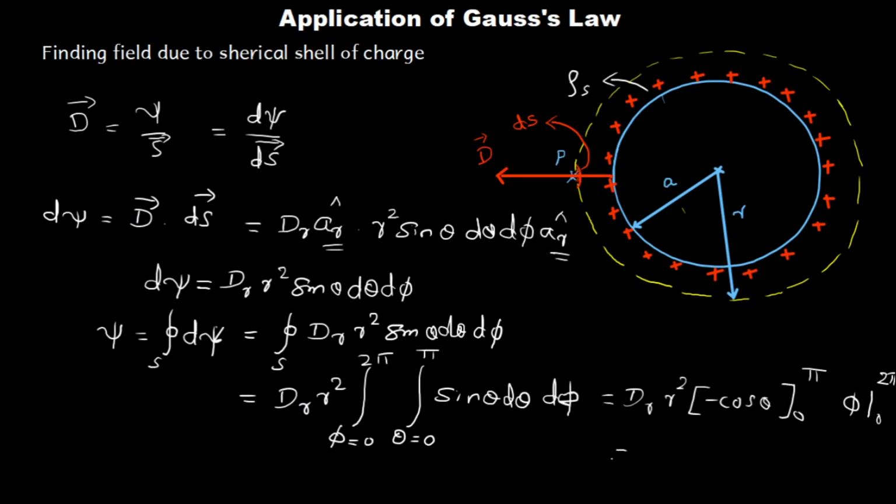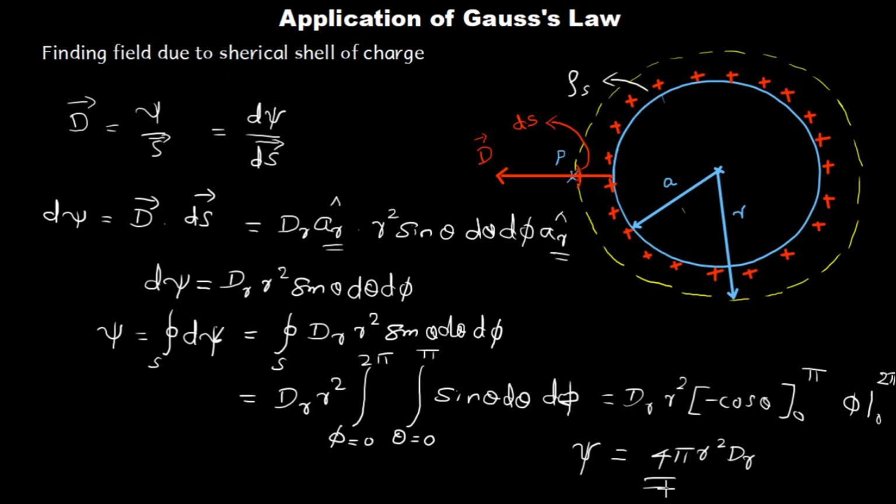So I can write it as 4 pi r squared Dr. So I get my psi as 4 pi r squared Dr. So I understood that the total flux coming out of my Gaussian sphere is 4 pi r squared Dr.